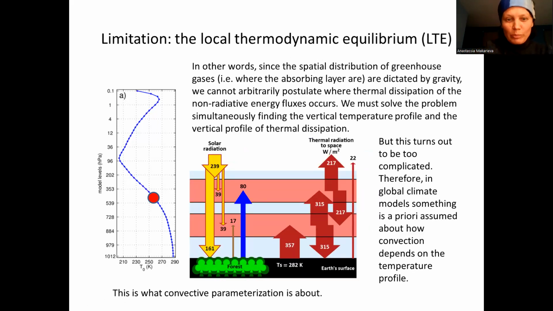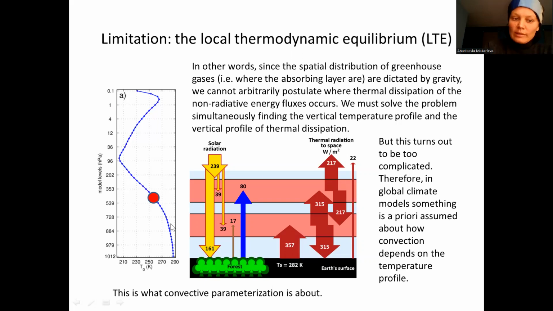Not surface temperature, but the vertical profile of air temperature. We can see that the temperature decreases with height. So here it corresponds to 315 watts per square meter of black body radiation, and here only to 217.